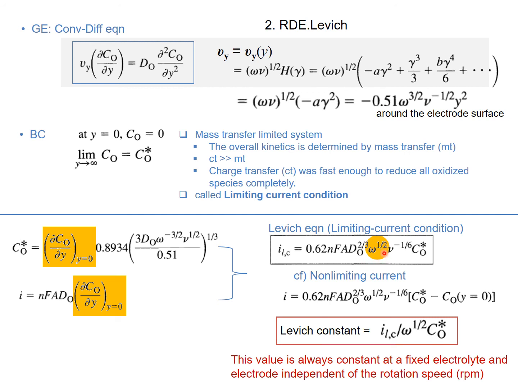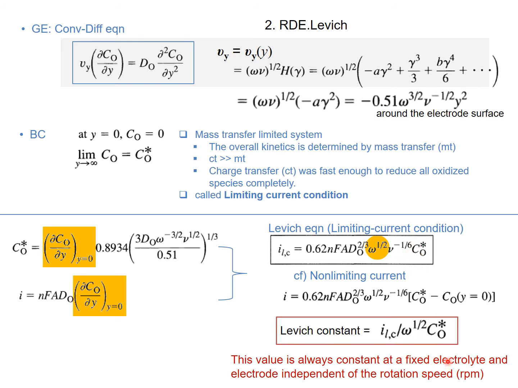The Levich equation says that the limiting current is proportional to the square root of the rotational speed. It's a very important thing. So we could define the Levich constant. The Levich constant is the limiting current per the square root of the rotational speed omega, per bulk concentration.